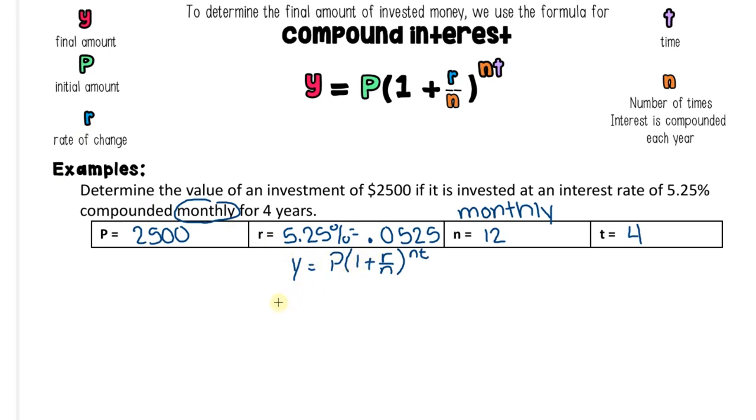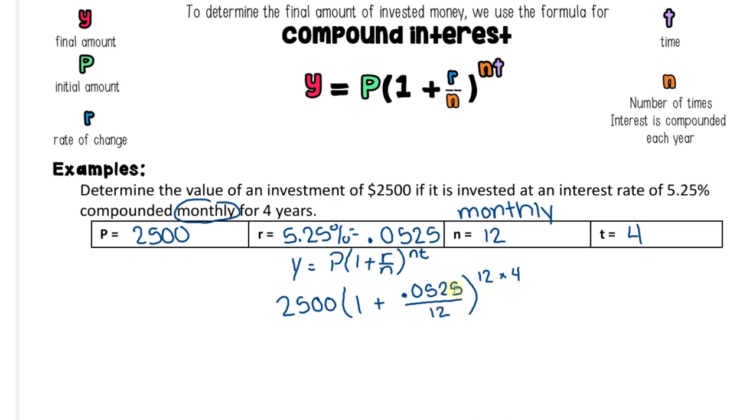So our initial amount times 1 plus our rate, 0.0525, divided by n, which is 12, raised to the 12, which is n, times years, which is 4.